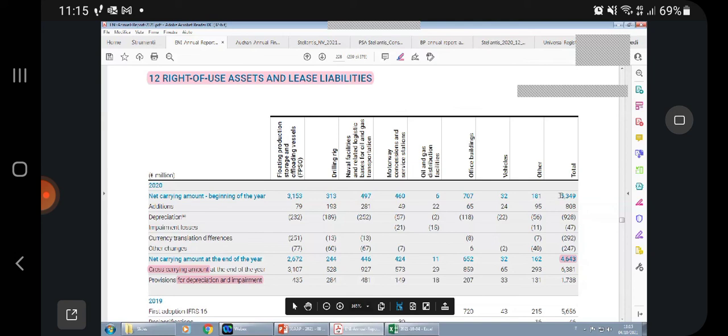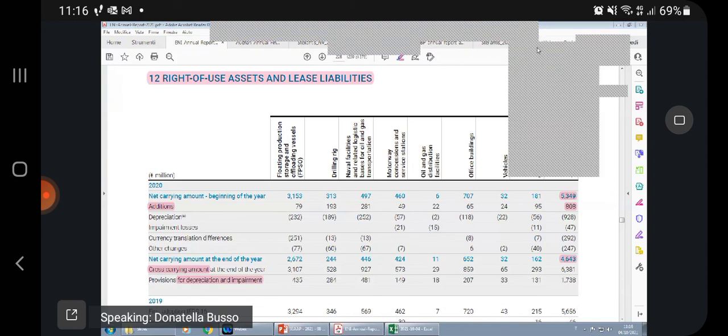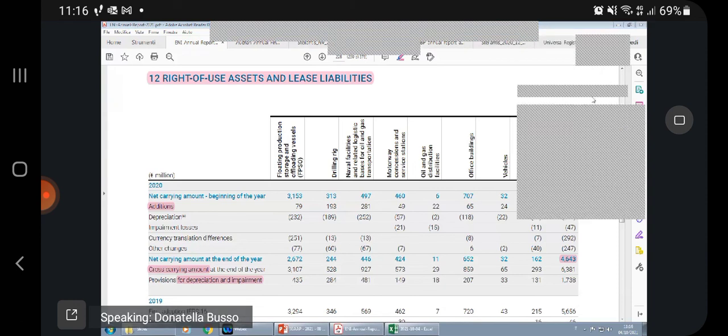The initial amount was 5.3 billion. Additions means new contracts. New contracts signed in 2020, and so the right of use asset increased by 808 million because of new contracts signed in 2020.